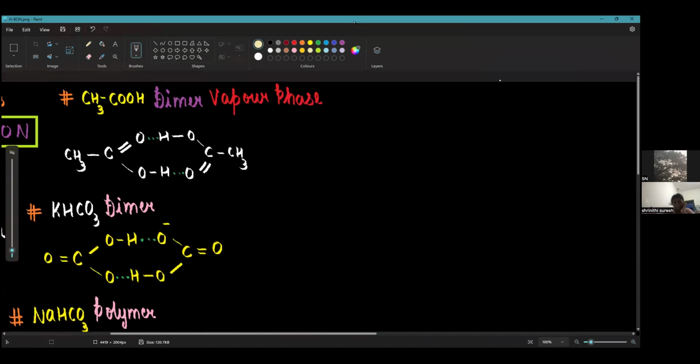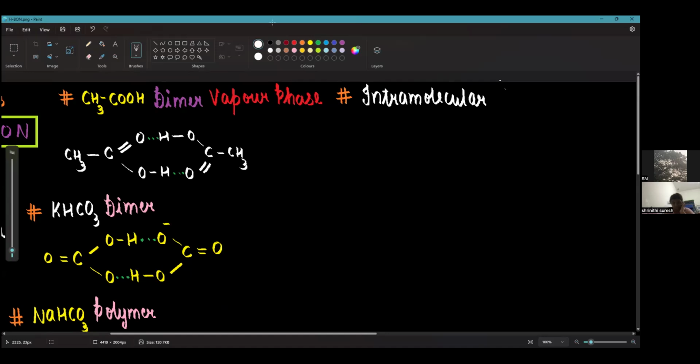So now we have to talk about intramolecular hydrogen bonding. What happens in intramolecular hydrogen bonding is there will be a hydrogen bond within the molecule. Within the same molecule, you are going to have a hydrogen bond. In intermolecular hydrogen bonding, what were we doing? We used to make a hydrogen bond between two molecules.